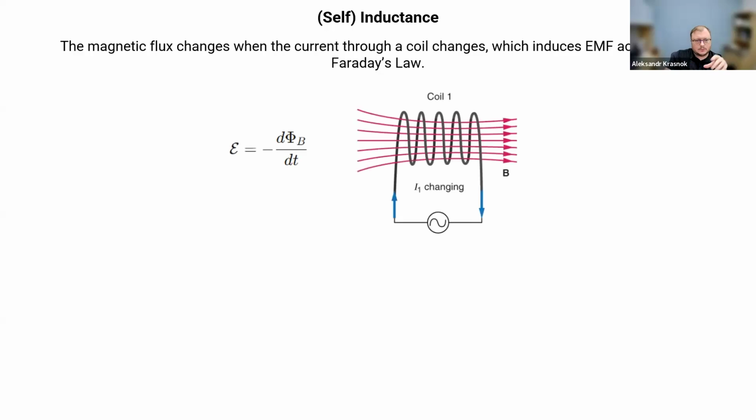Having just one loop or a coil and applying AC bias, alternating current bias, which changes in time, leads to changing in time of the magnetic field in the coil. And this changing in time of the magnetic field leads to the creation of the electromotive force in this solenoid or coil.